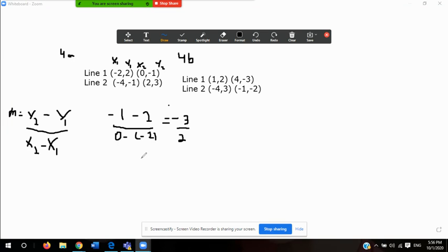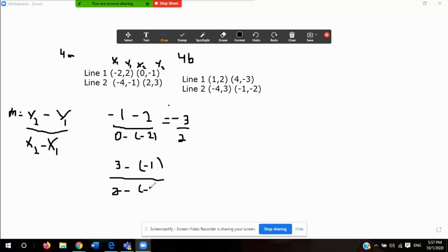Now we're going to look for the slope of line 2, and we're going to plug them in. y sub 2 is going to be 3 in this case, minus y sub 1, which is -1, over 2, which is my x sub 2, minus -4.